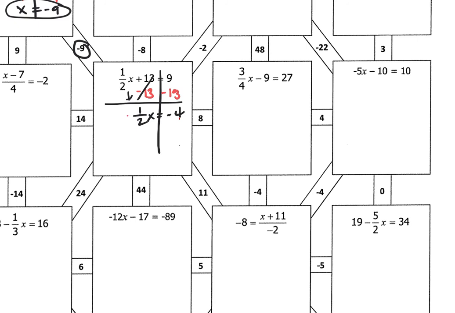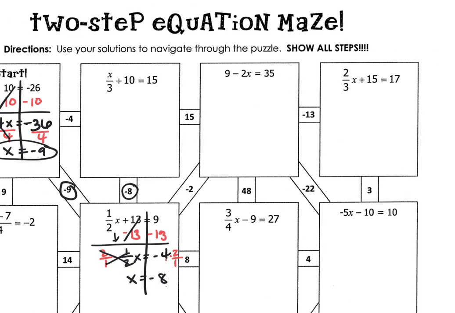And then this is the reciprocal. You multiply by the reciprocal to get rid of those fractions, so it kind of marks it out. And then you get a negative 8. And so we find the negative 8. There it is, and so I move on to that box.